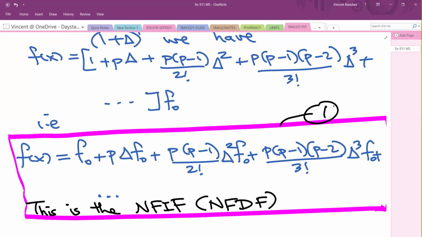In mathematics, you must always understand when and how to apply a formula. Knowing the formula is not enough. You need to understand when and how to apply the formula.